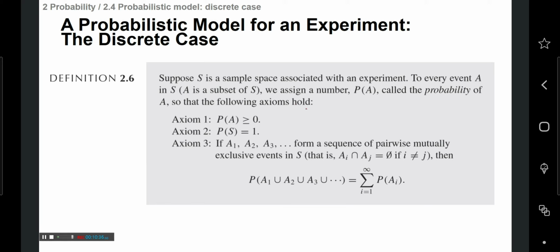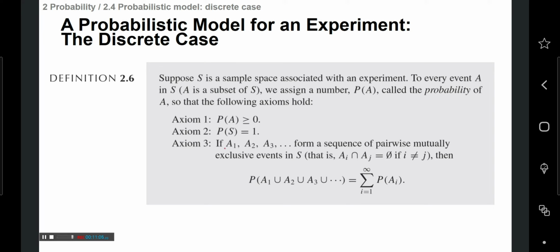Axiom 1: the probability of A is always greater than or equal to 0. Axiom 2: the probability of S, the whole sample space, is equal to 1.